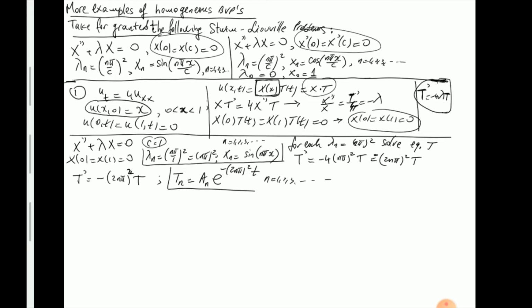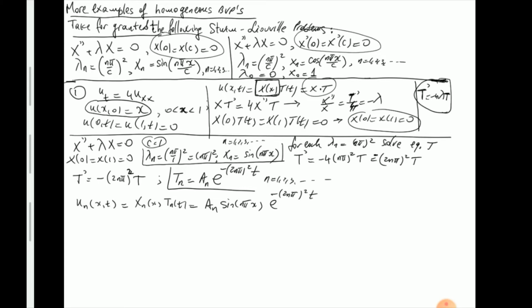All right, so that means we just obtained infinitely many solutions for u. u n of x, t is X n of little x times T n of little t, which is to say, I'm going to put the constant in front, a n times sine of n pi x times e to the minus 2n pi squared t.